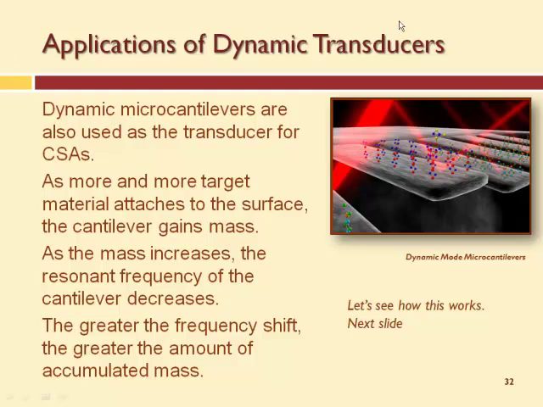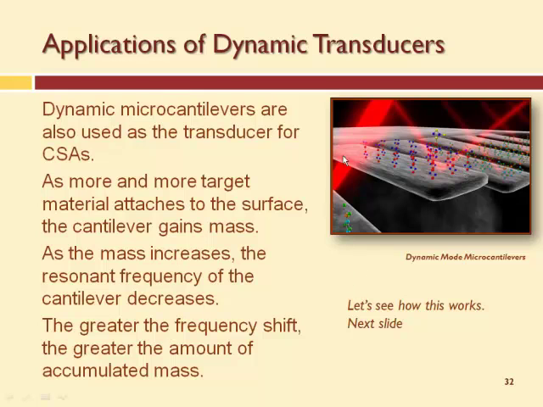So here's a cartoon of a dynamic cantilever. You can see we've coated each one with different probe molecules. Here's a target molecule that's latched itself onto it. So you can create this array and vibrate them.